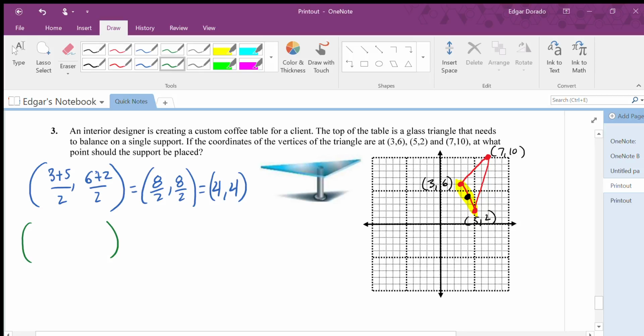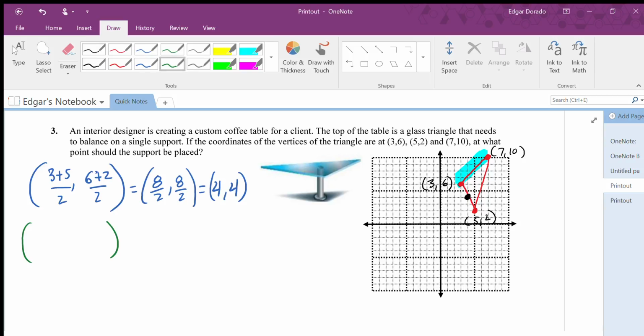The next one I'm going to do is this top side here. Whoops, I don't want to delete that much. There we go. Let's do this top side now. Okay, so let's find the midpoint of that top side.